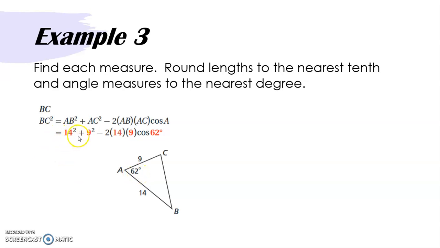Now you'll notice that these are all numbers over here. So what I can do to finish solving this is just type all of this into my calculator and hit enter. But remember, that's going to equal BC squared. So at the very end, I just need to do a square root. So try and do that and then press play to see if you're right.